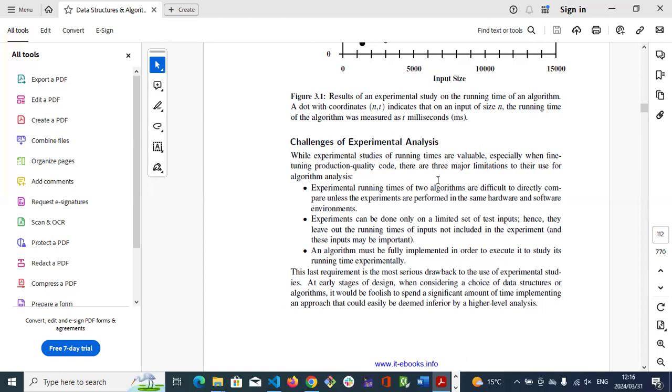Third, the algorithm must be fully implemented in order to execute it to study its running time experimentally. The last requirement is the most serious drawback to the use of experimental studies. At early stages of the design, when you consider a choice of data structure or algorithm, it would be foolish to spend a significant amount of time implementing an approach that could easily be deemed inferior by a high-level analysis.